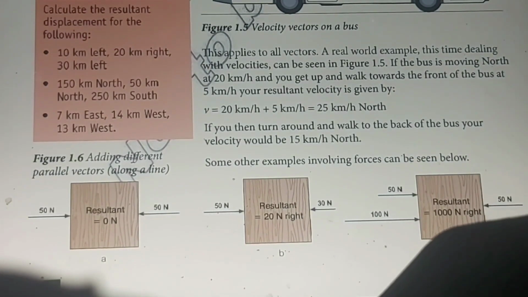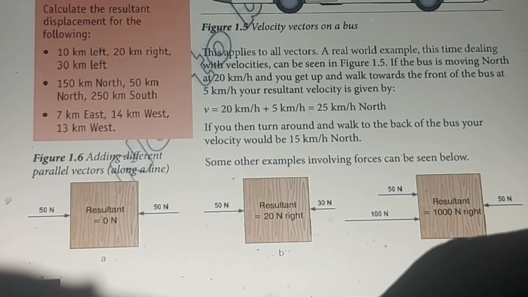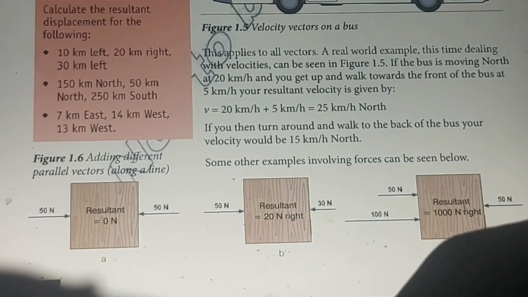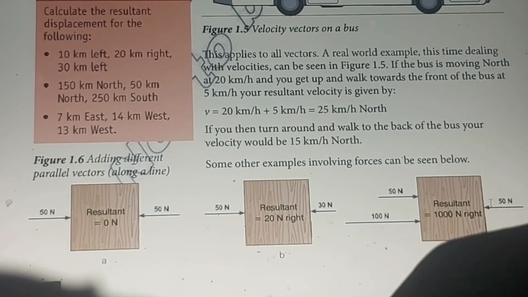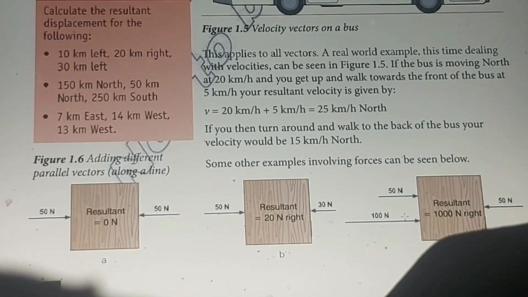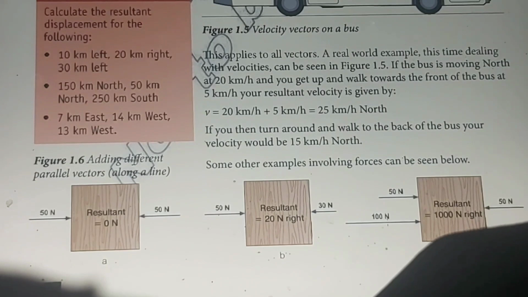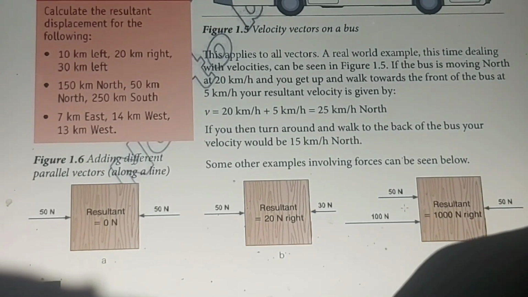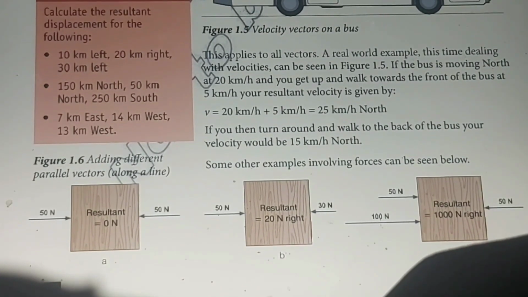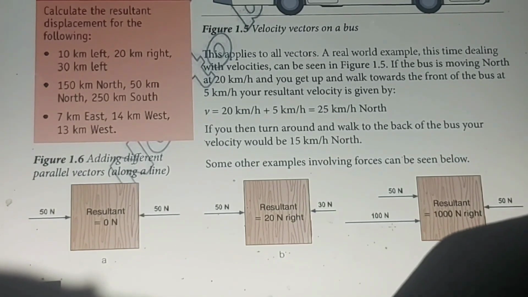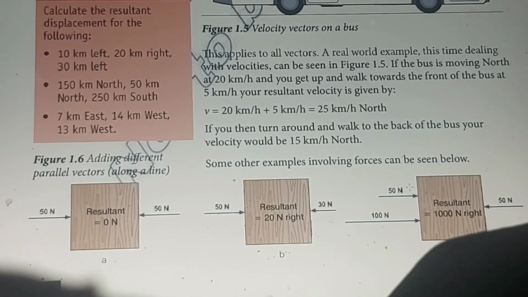Okay, on the third example, we have 50 Newton acting in opposite direction to the 50 Newton and 100 Newton. The 50 Newton and 100 Newton are acting in the same direction. That means they are parallel to each other.